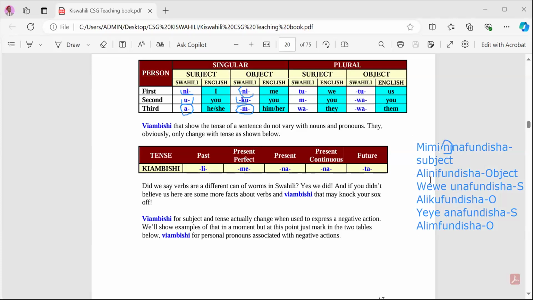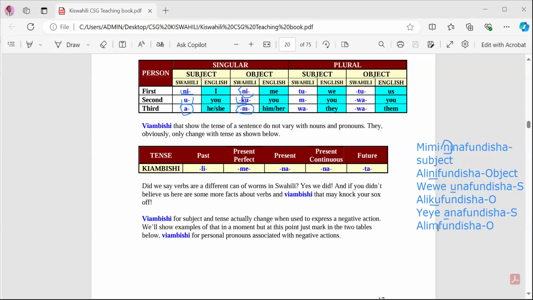In the object part, the prefix remains ni, which is alinifundisha. Are we okay? Wewe unafundisha. This is the prefix. In the object part, it will be alikufundisha. In the third person pronouns, it is yeye anafundisha.